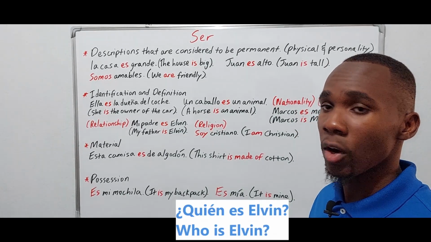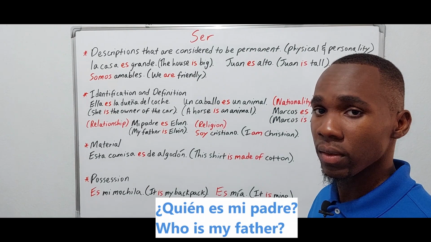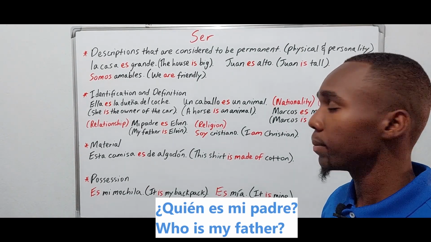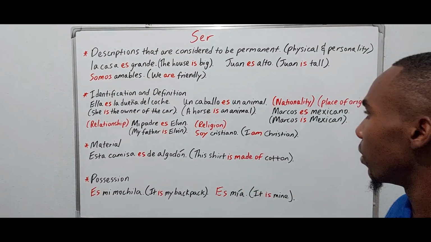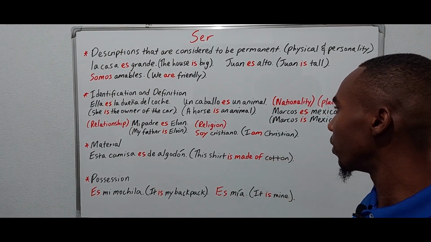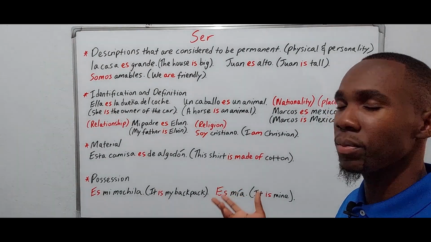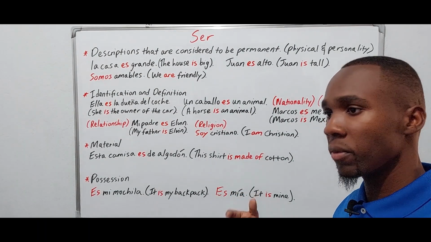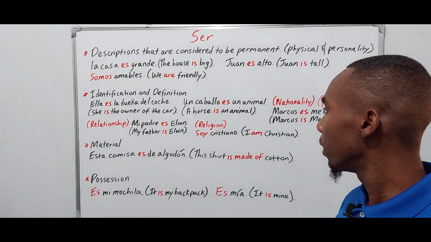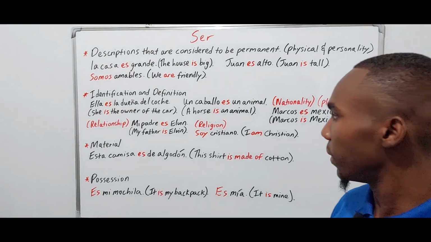Right? Or ¿Quién es mi padre? Okay? Which is who is my father, right? And religion. Soy cristiano. I am Christian. So if we want to express our religion, which is a form of identification, we use ser. Okay? All right. So that would be that.